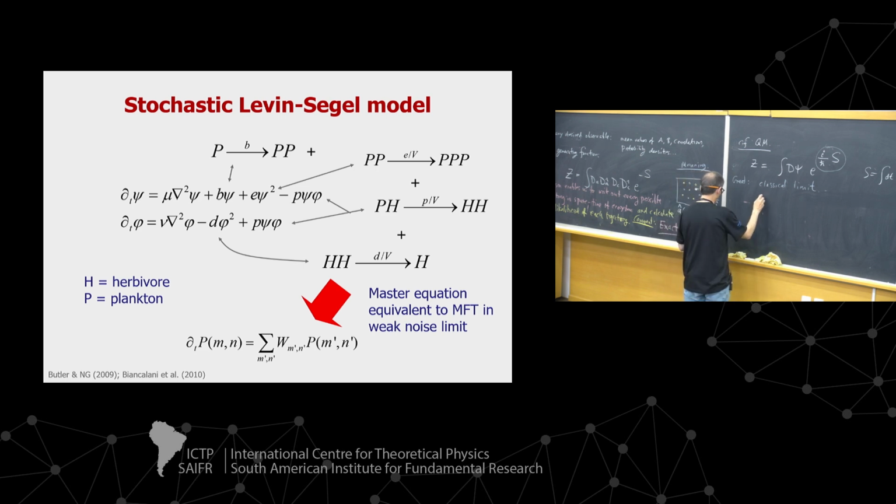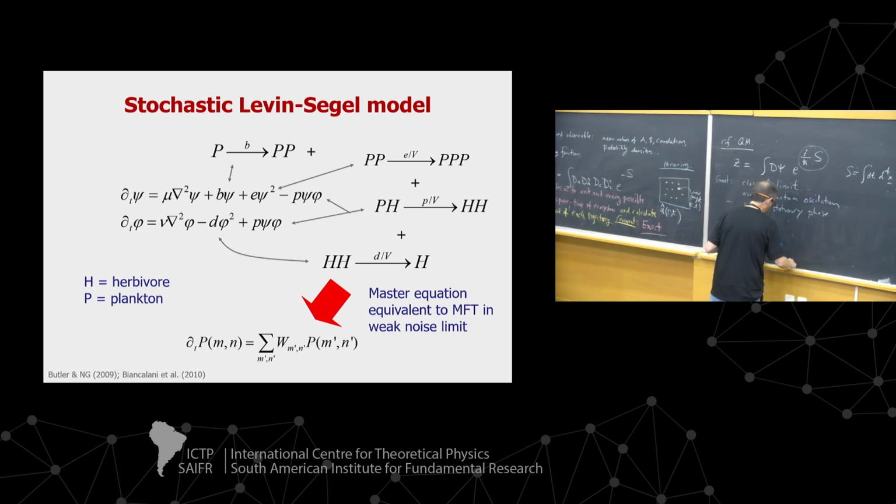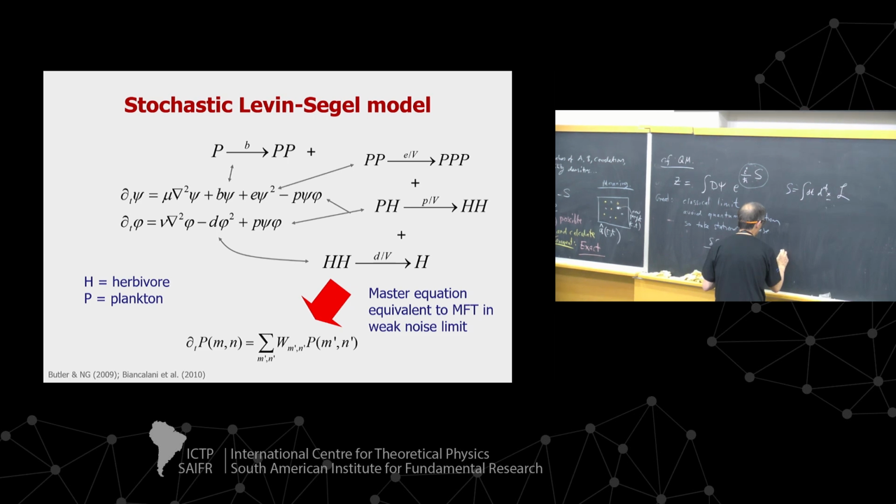So the classical limit is where you want to avoid the quantum oscillations. What you do is you take the stationary phase of this integral, and what that means is you try to find configurations where this doesn't vary. So you look for configurations where dS by d psi star is equal to 0. And if you take those equations, those stationary phases, that gives you the Euler-Lagrange equations from classical mechanics.